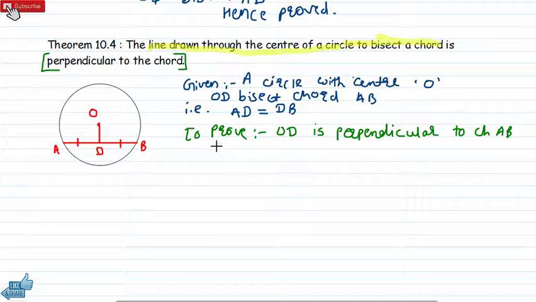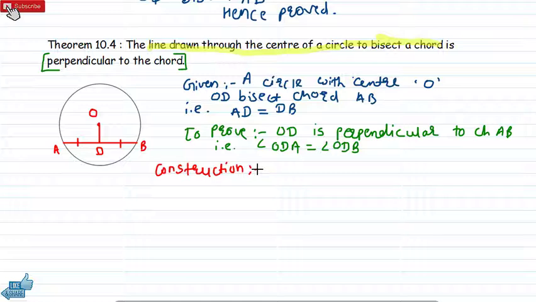Again, that is, we have to prove angle ODA is equal to angle ODB. Now see, this theorem is really very different from the others. So just focus over here. How will we prove this one? I will tell you in detail, so don't worry about it. But just focus first of all here. So, construction.